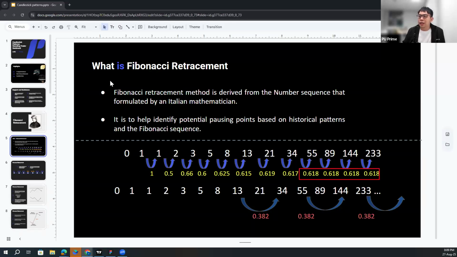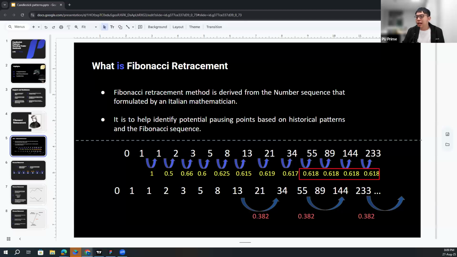So how he derived this number is by this: 0 plus 1 gets 1, 1 plus 1 gets 2, 1 plus 2 gets 3, 2 plus 3 gets 5, 3 plus 5 gets 8, and it goes on like this.